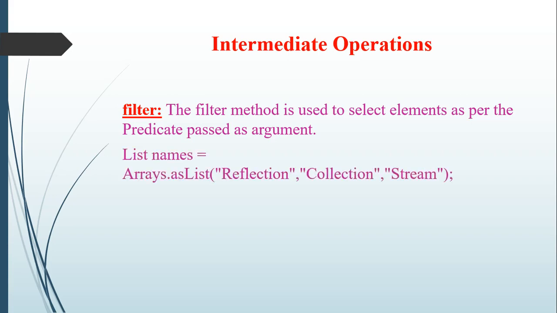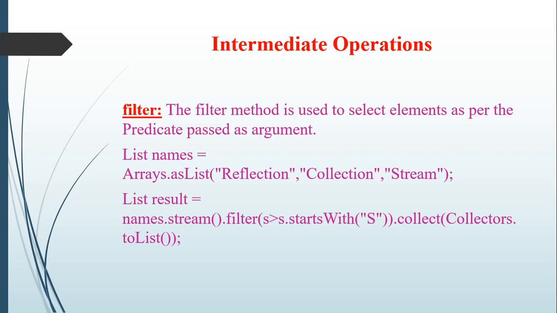For example, List<String> names = Arrays.asList("Reflection", "Collection", "Stream"). Another example is List<String> result = names.stream().filter(s -> s.startsWith("S")). In this method, only the elements which start with the capital S are passed by the filter.